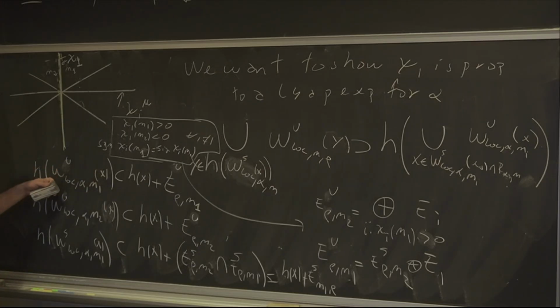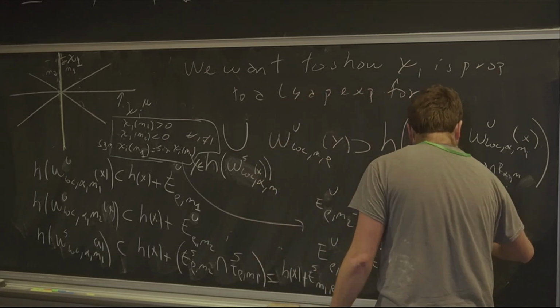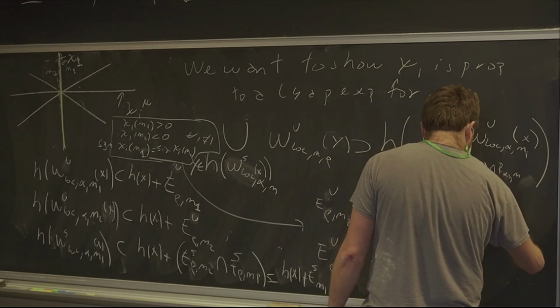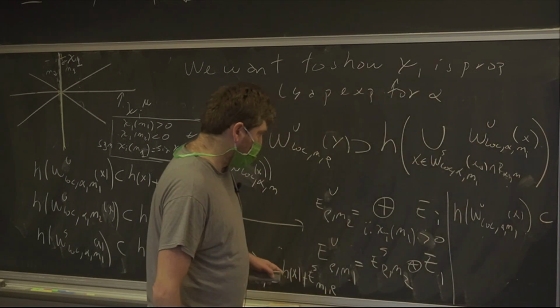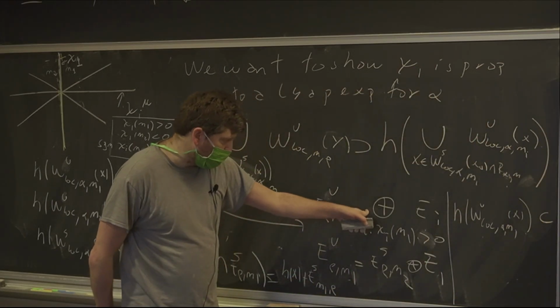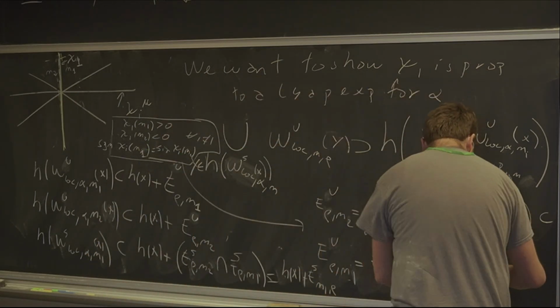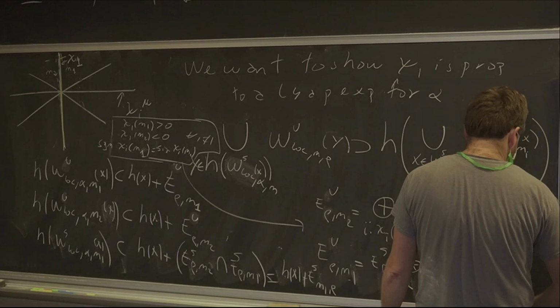And since these guys will not change, because n1 and n2 belong to the same Weyl chamber, h of these guys will belong to the intersection. And so I get that h of the unstable manifold of alpha n1 is contained now in the intersection, which gives you the smaller one. It's contained in h of x plus E^u of n2.